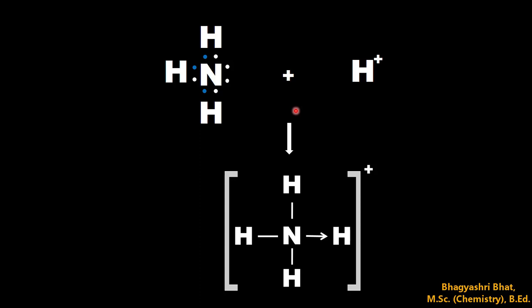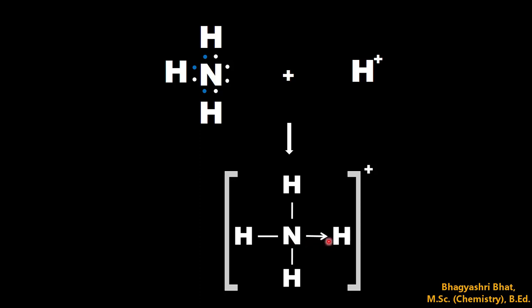So here we get one new compound, that is NH4. The positive charge of hydrogen is taken up by the entire compound, so it becomes NH4 plus overall. The lone pair of electrons of ammonia is completely shared between nitrogen and hydrogen.